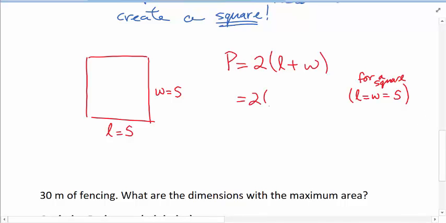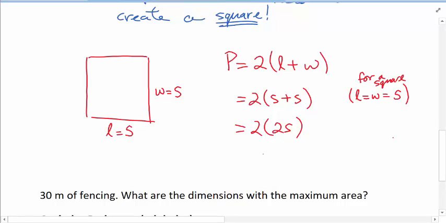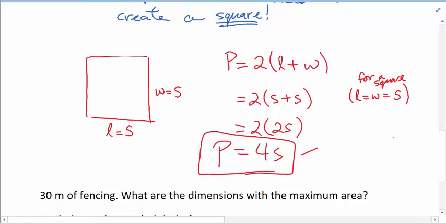So this is what we got: 2 times S plus S. What's S plus S? 2S, yes? And then 2 times 2S gives you 4S. Okay, so this is the perimeter formula for a square. Which makes sense, right? 4 equal sides. 4 times the side length gives you the perimeter.